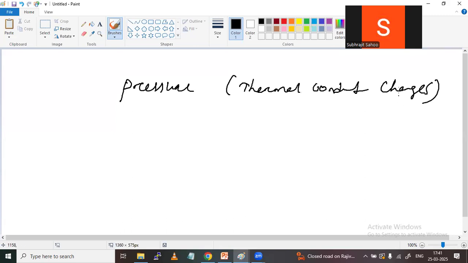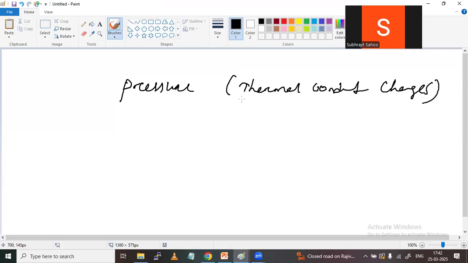The pressure at a particular place or in a particular system will be measured based on the thermal conductivity changes.